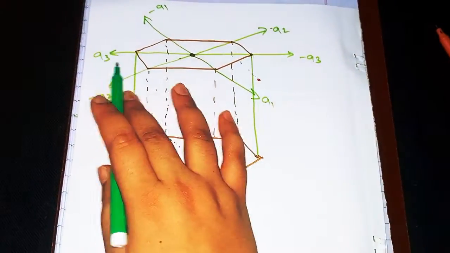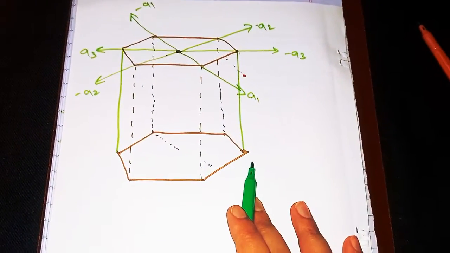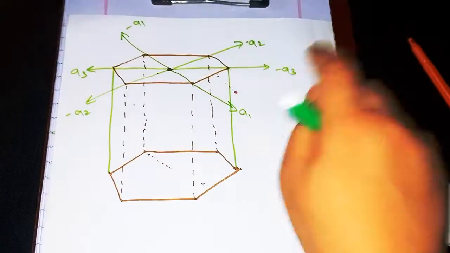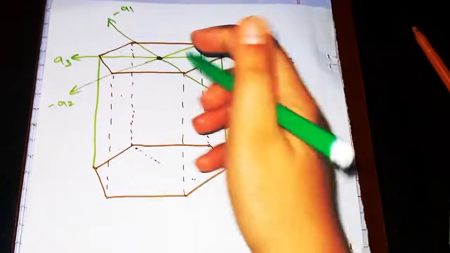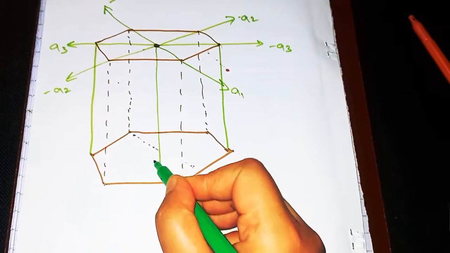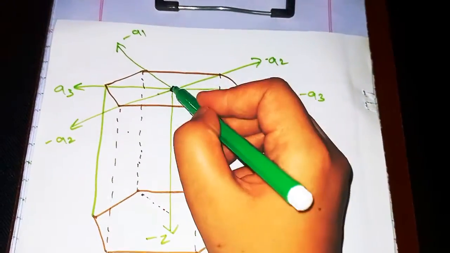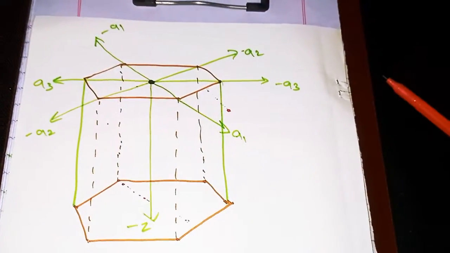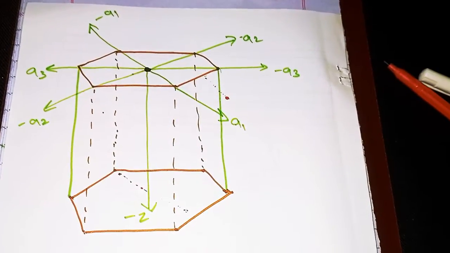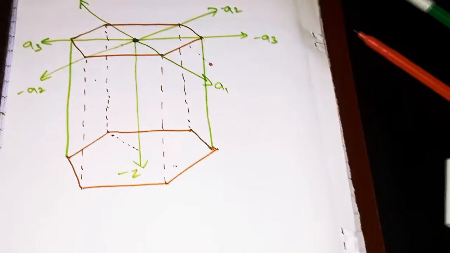The a3 axis is going to be used in this method, so we need to define the negative a3 axis also, and this is the negative z axis. And this is the origin.